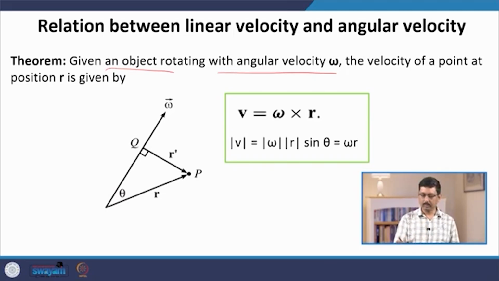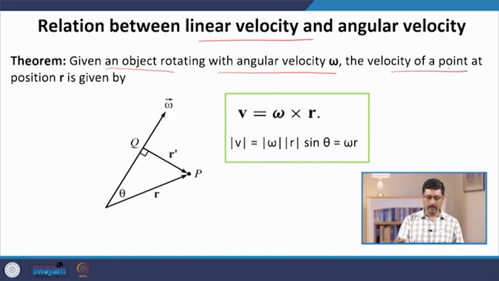Then it is related to the linear velocity, the velocity of a point particle at a position r. Let us say this is our origin and this is a point which is rotating in 3D, then the position vector of this point is r.